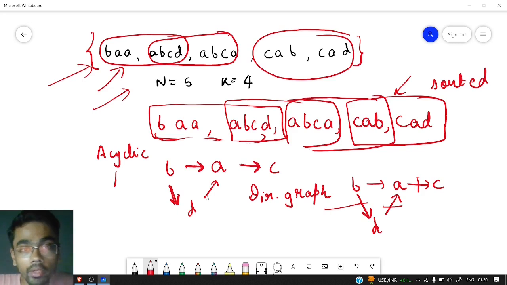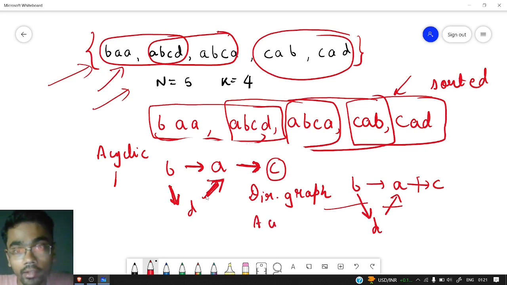B is pointing to D, D is pointing to A, and A is pointing to C. Again, we reached a particular point C. That means we don't have any cycle in this graph. So we can say that this is a directed acyclic graph, or you can simply say this is a DAG.